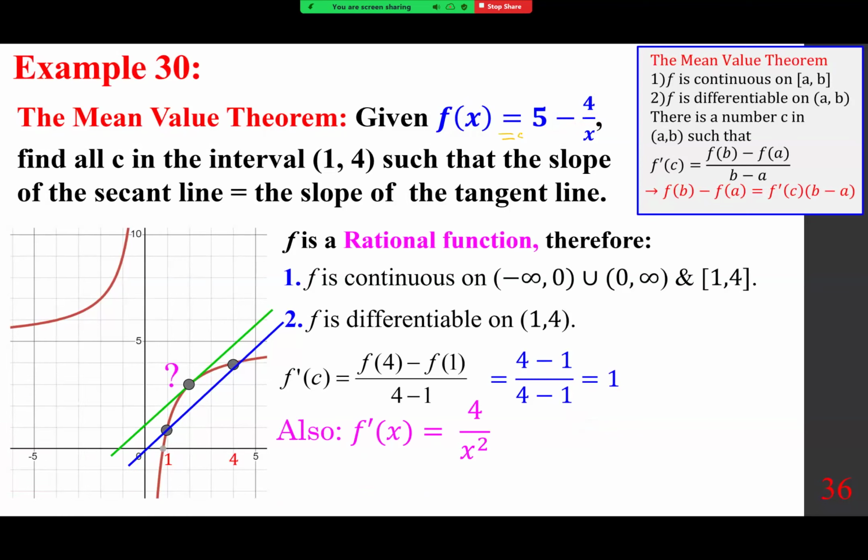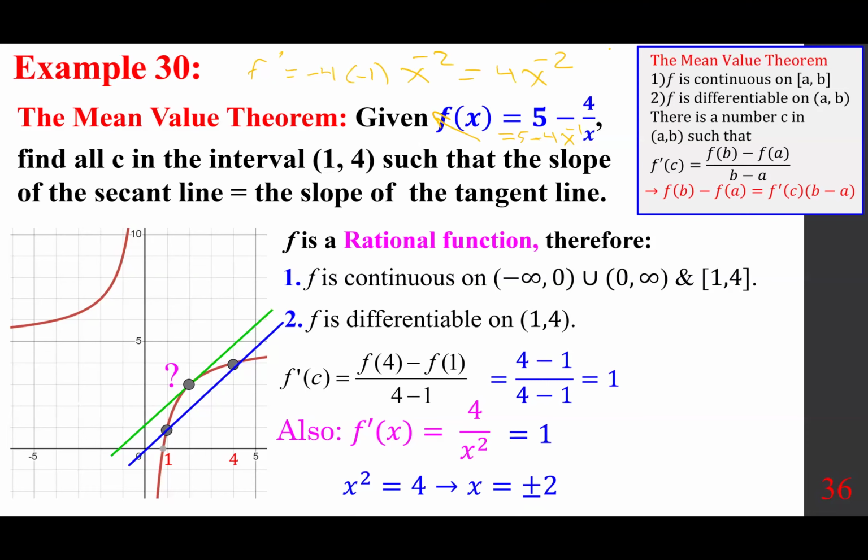f of x is 5 minus 4 x to the power of minus 1. So f prime is minus 4 times minus 1 x to the power of minus 2, which is 4 x to the power of minus 2, or 4 over x squared. And this must be equal to 1. So it makes x squared equal to 4. It makes x plus minus 2. There are two answers.